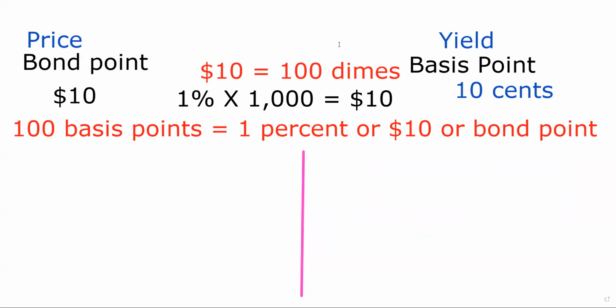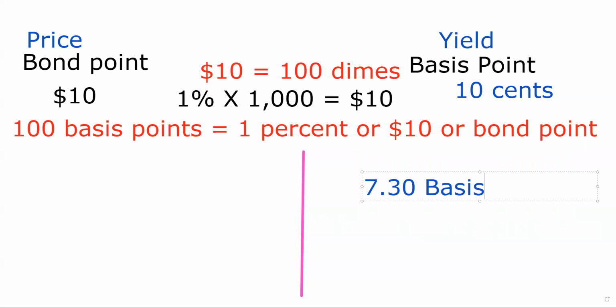So here's another one. It's a 7% general obligation bond that matures in 1 year. The municipal dealer is quoting a quote for 7.30 basis. So again, when we hear basis, we're thinking yield, yield to maturity. And when we're talking about yield, we're talking about basis points. A bond point is typically about the price.